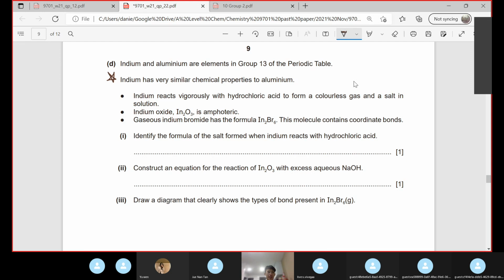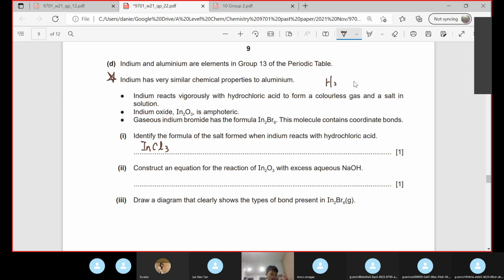Metal plus acid gives salt plus hydrogen gas. So the colorless gas here is hydrogen gas, and if it is aluminium, the salt will be aluminium chloride. Today we use indium, so it will be indium chloride, InCl3.